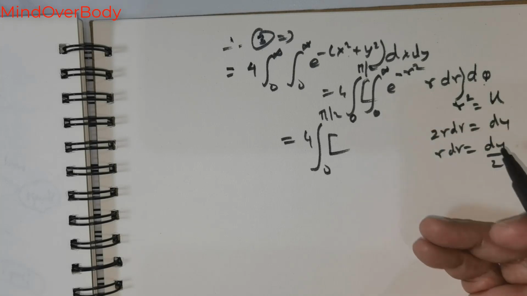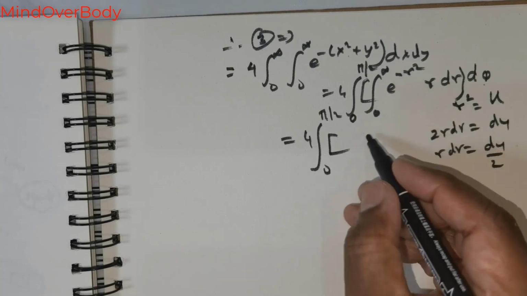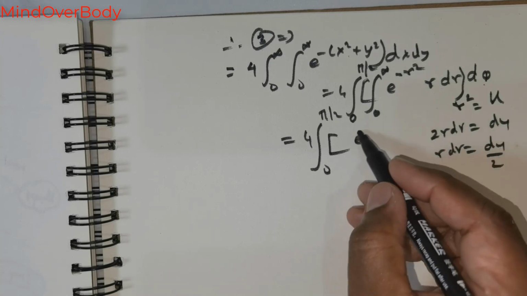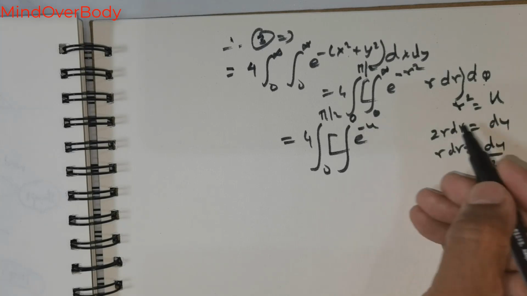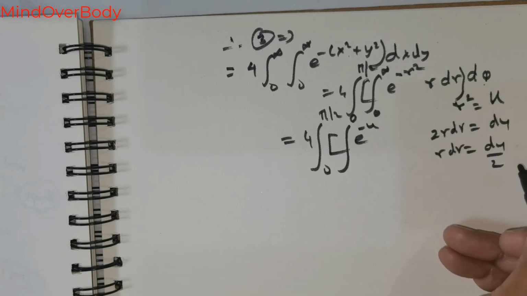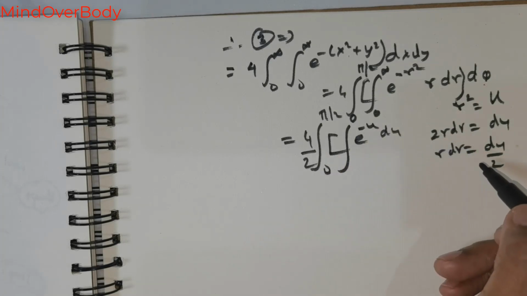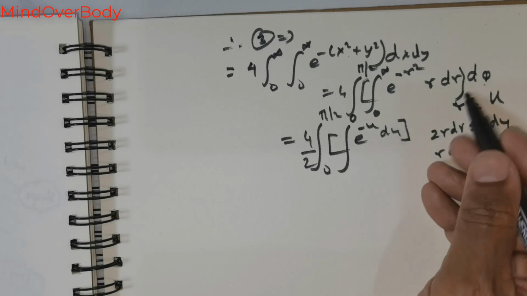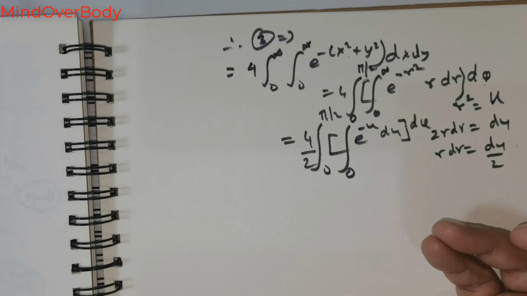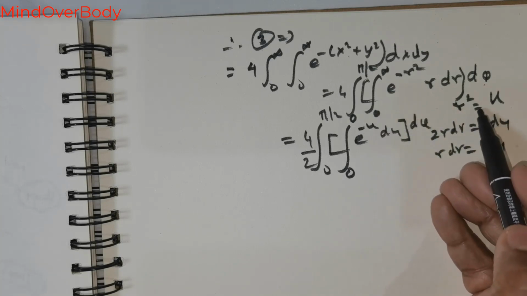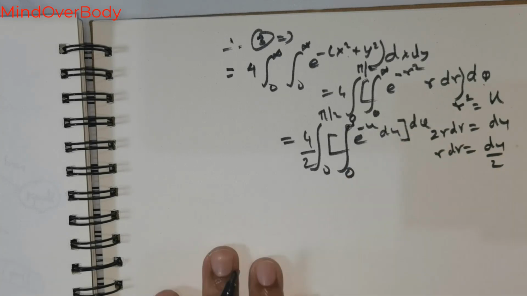Now the limits are going to be as they are, because when r is 0, u is 0, and when r is infinity, u is also infinity, so that will not have any impact at all.